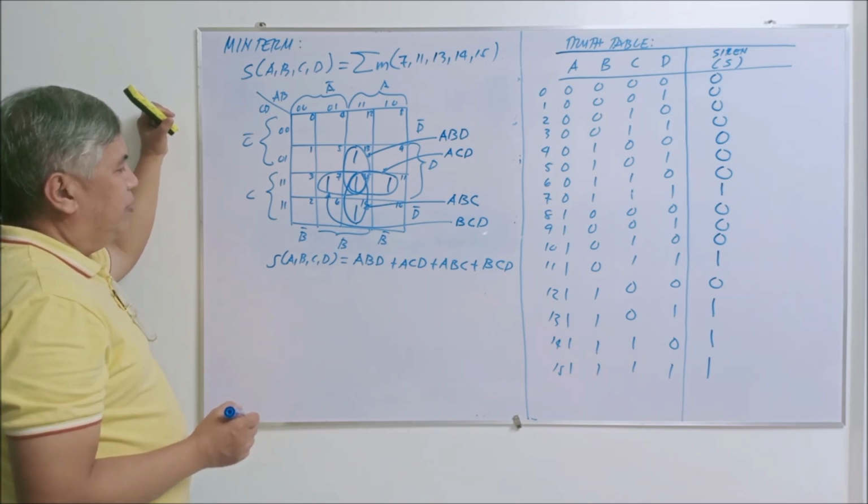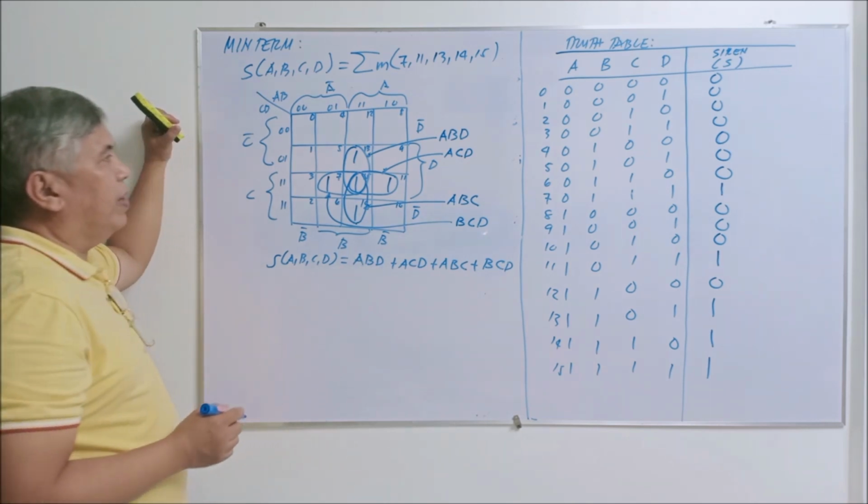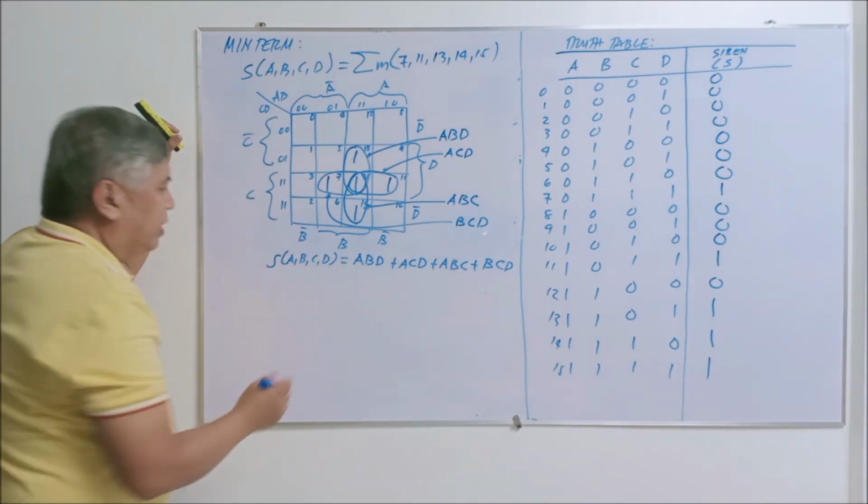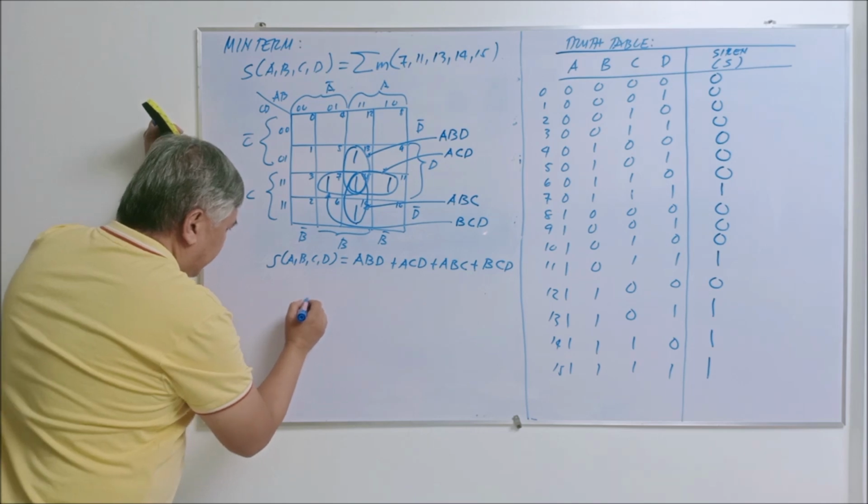And if you want to draw the simplified logical circuit, we need 1, 2, 3, 4 AND gates.